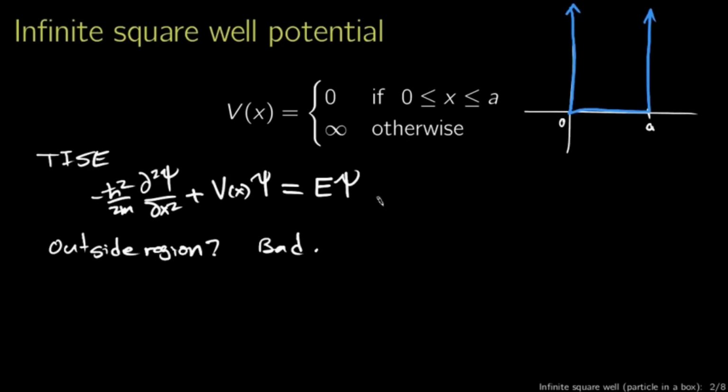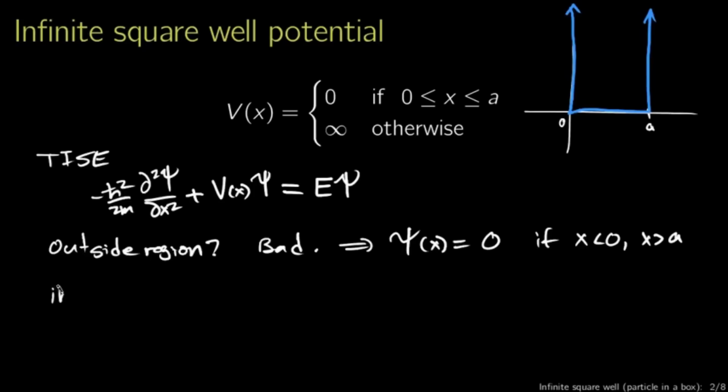The only way this equation can still make sense under those circumstances is if psi of x is equal to 0, if x is less than 0 or x is greater than a. So outside this region, we already know what our wave function is going to be. It's going to be 0, and that's just a requirement on the basis of infinite potential energy. Can't really exist in the real world.